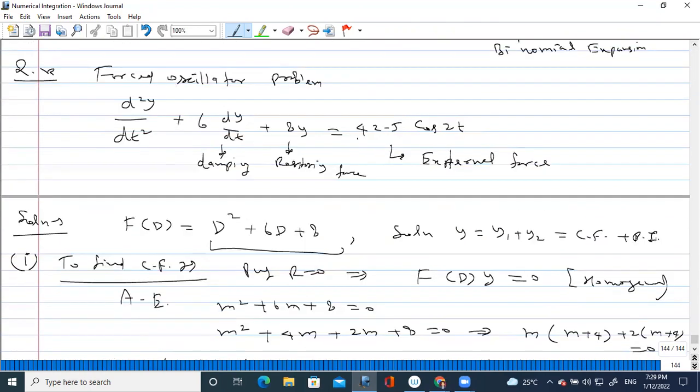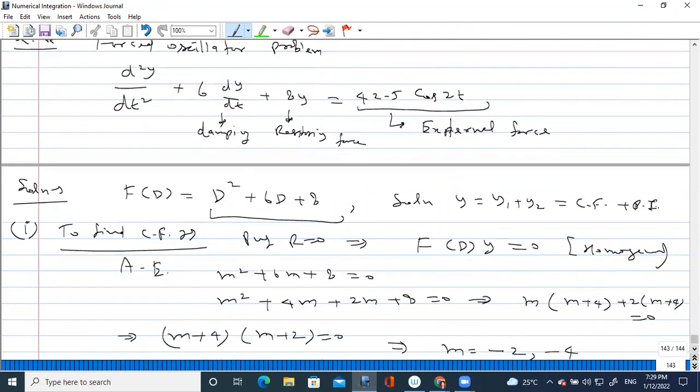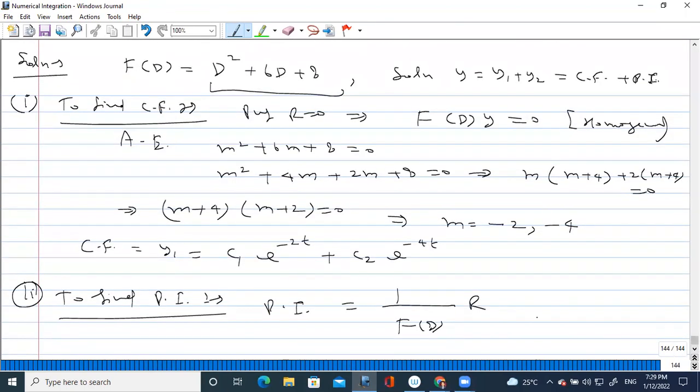This 42.5 cos 2t is R. So it will be 1 upon F(D), which is D square plus 6D plus 8, into R, where R means 42.5 cos 2t. Okay, so note it down up to here.